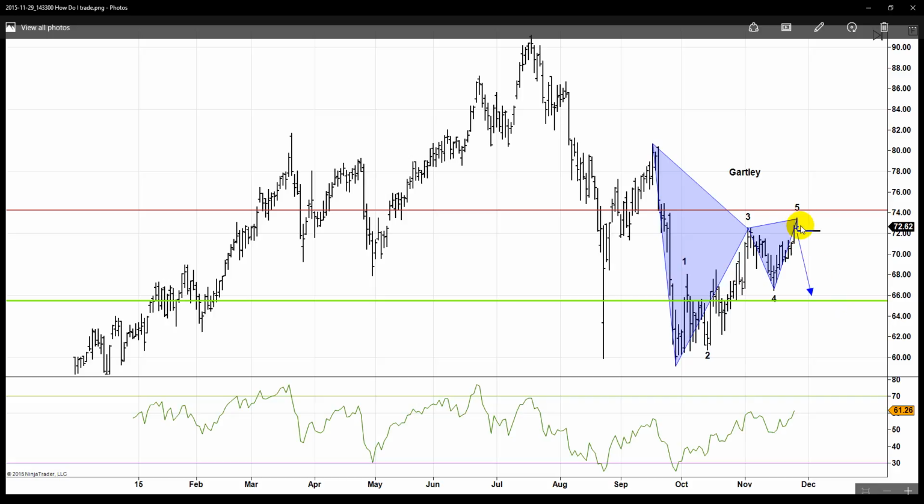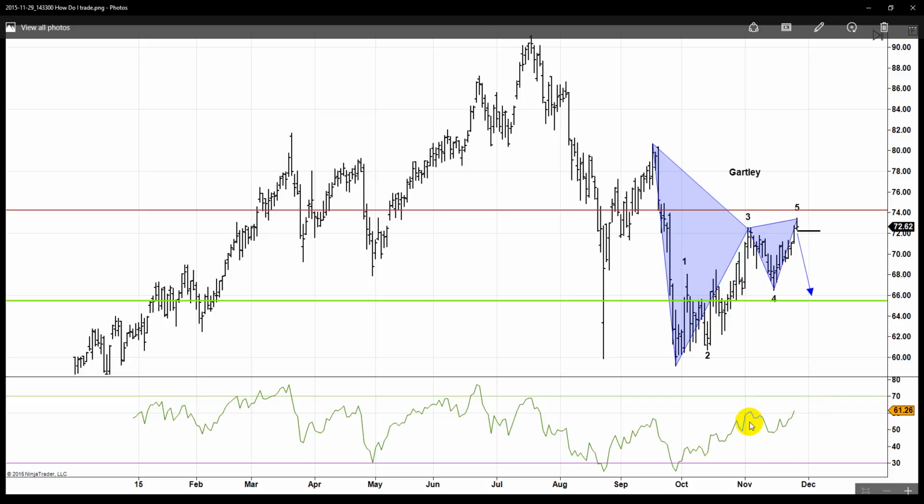So you would sell. I can't remember the name of the stock, I think this is J&J, but it doesn't really matter what the stock is. The pattern is the same.